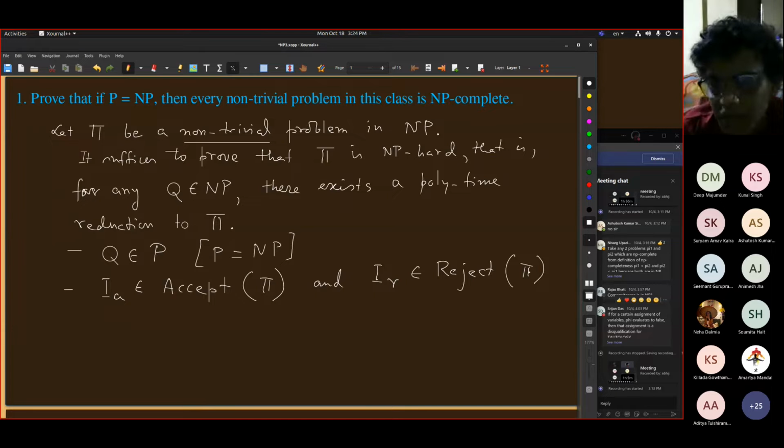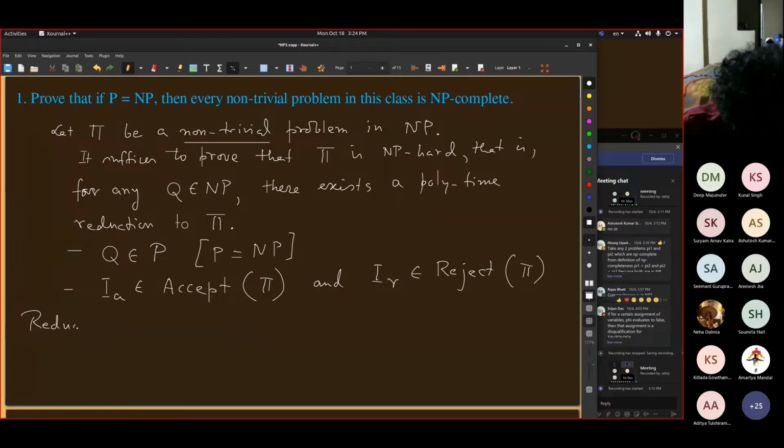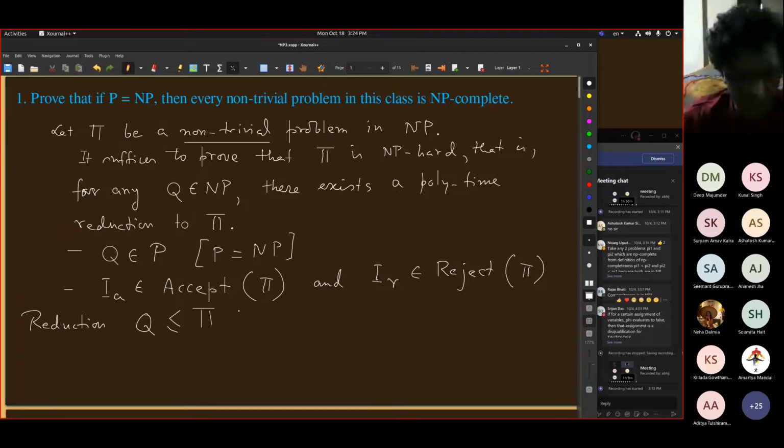Okay, now can you suggest something? How shall I propose the reduction from Q to pi? How do I proceed? Actually, these two facts are sufficient.